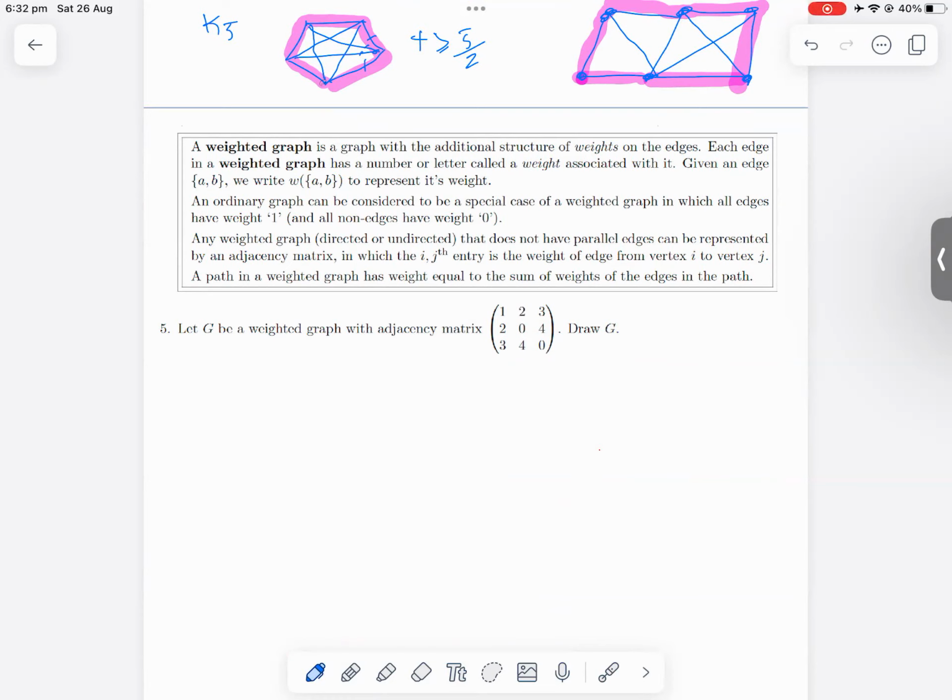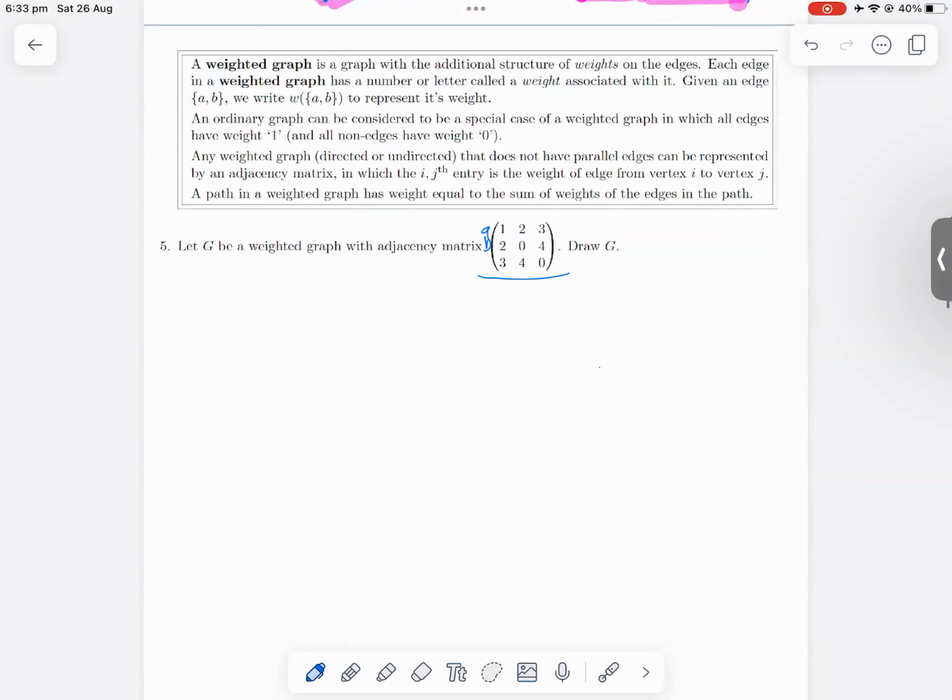Now, here's the weighted graph, and the adjacency matrix is given here. So you see that I can label them.